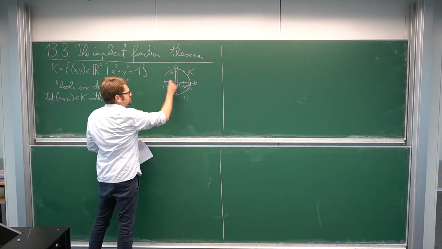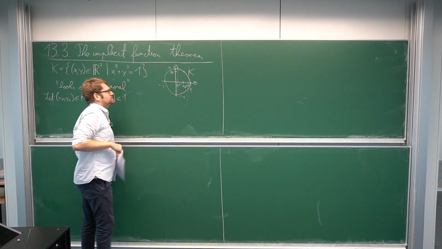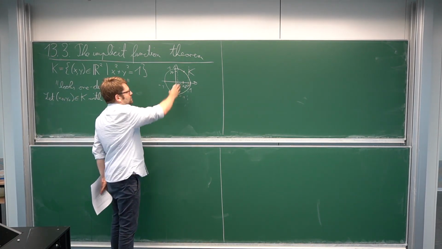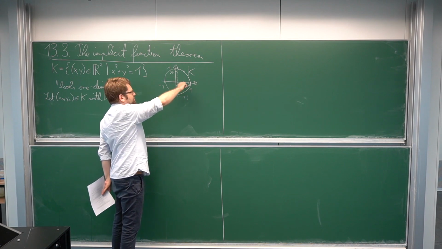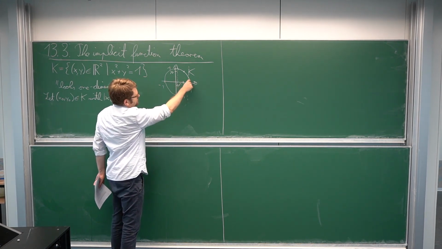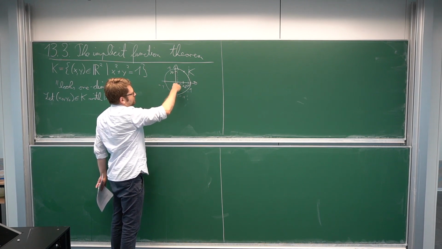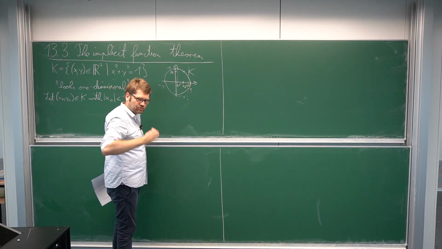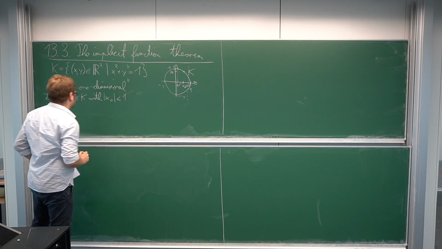So these points are special. There we can't describe them as graphs, but we could do it the other way. We could imagine a rotation by 90 degrees, changing the order of the variables, and see this as a graph over the y-axis. This is a trick you could use there. I shall discuss this formally a bit more later.